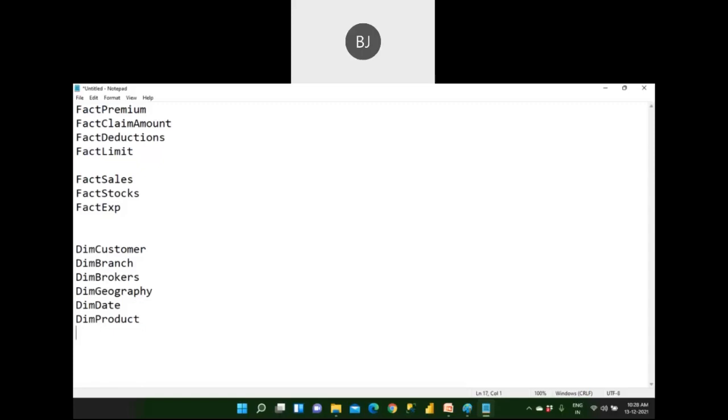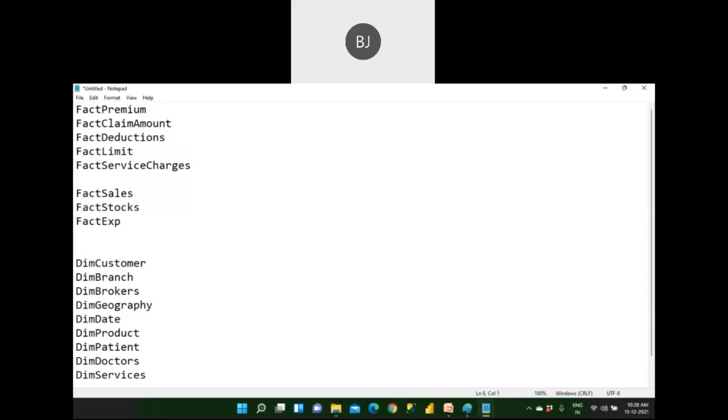So you can roughly tell some of the names: dim customer, dim branch, dim doctors, dim brokers. If it is a hospital, dim patients, dim doctors, understood? So dim services that you have taken, what are the services, and service charges is not dim, it is a fact charges, okay. So fact service charges that you paid for the given treatment, right?